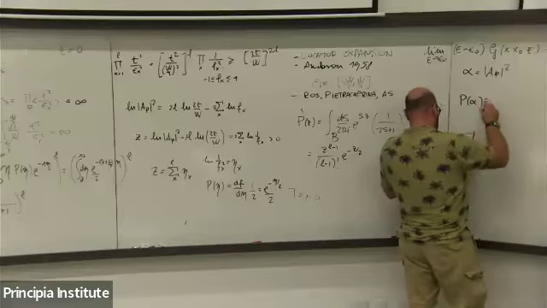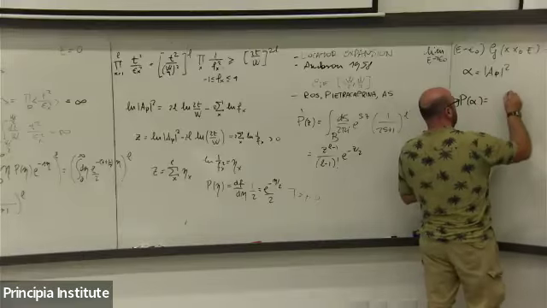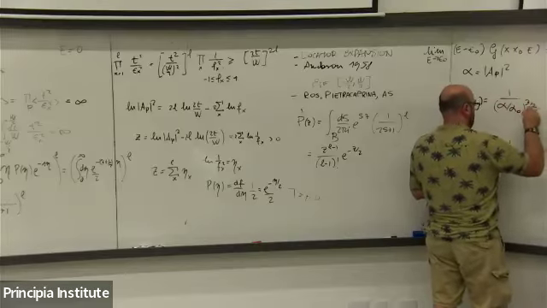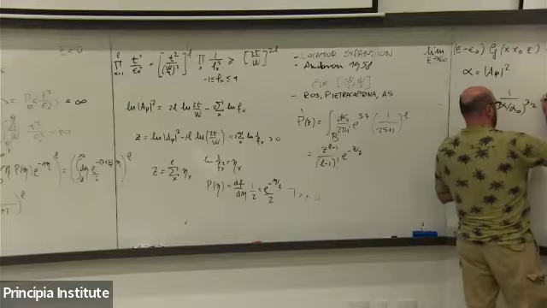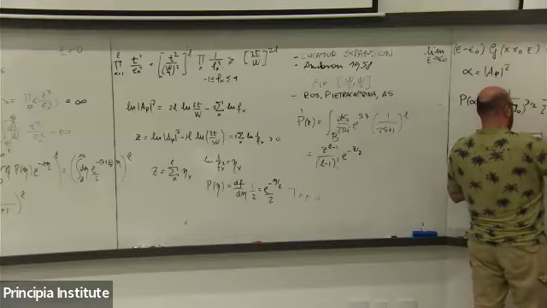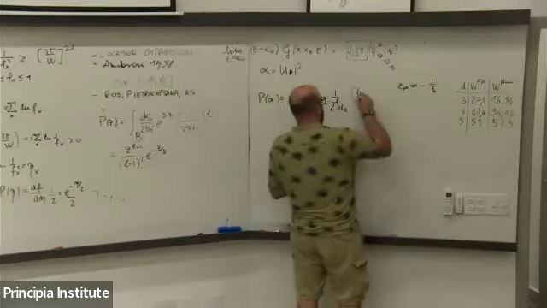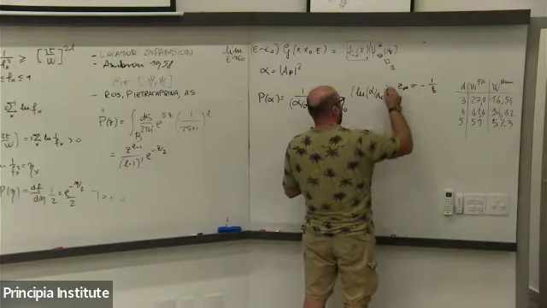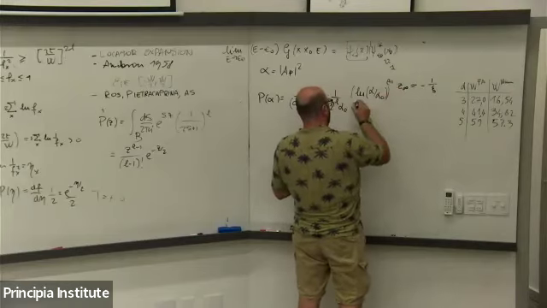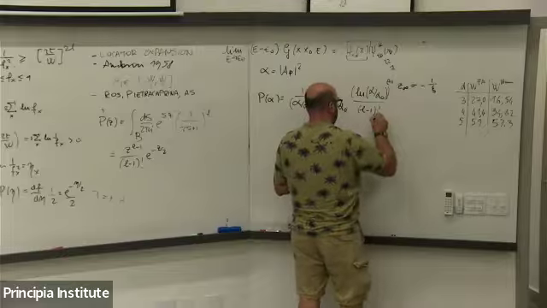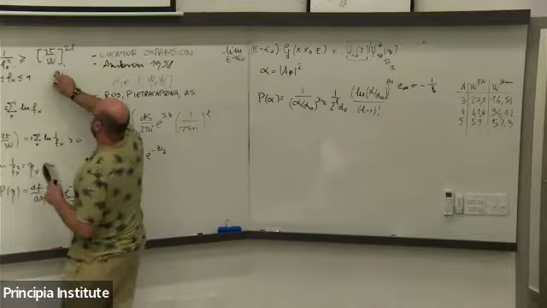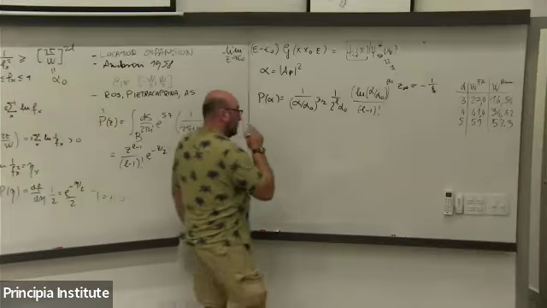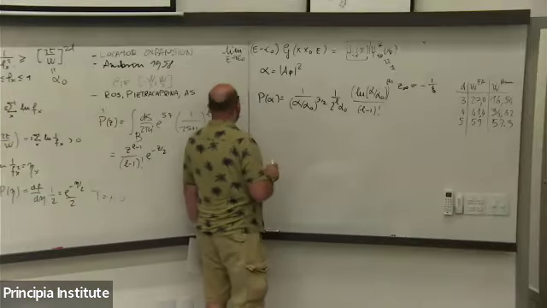P of alpha will be 1 over alpha_0, to the 3 halves, 1 over 2 to the L, alpha_0 over alpha, and then we have log of alpha divided by alpha_0 to the L minus 1 divided by L minus 1 factorial. What's alpha_0? It's this thing here. It's the smallest possible amplitude.